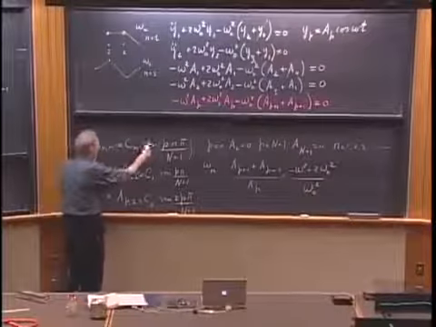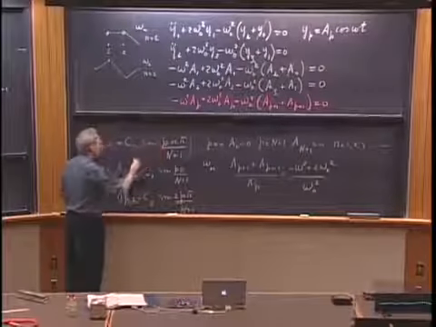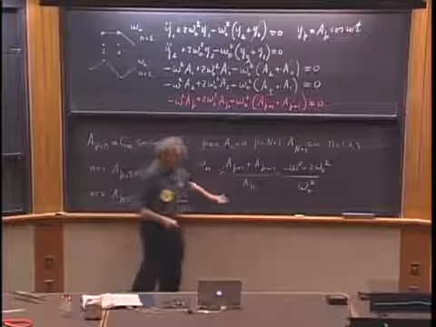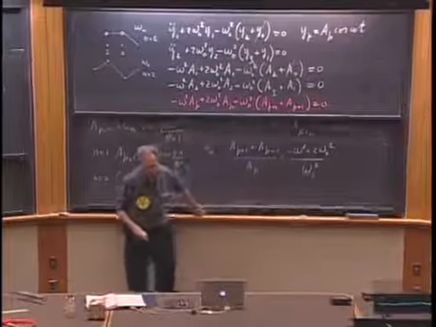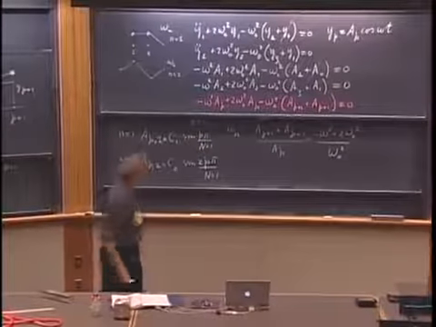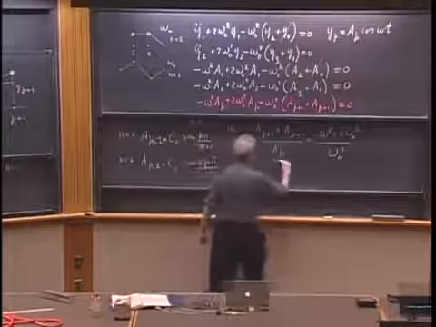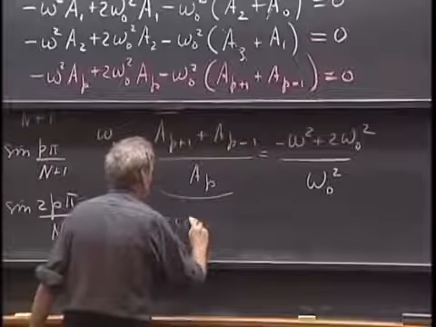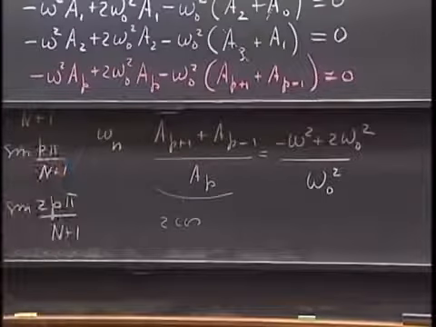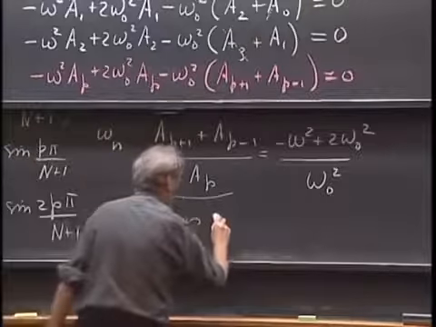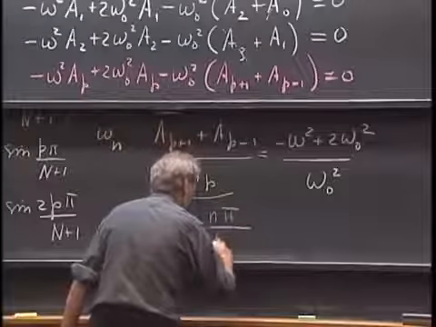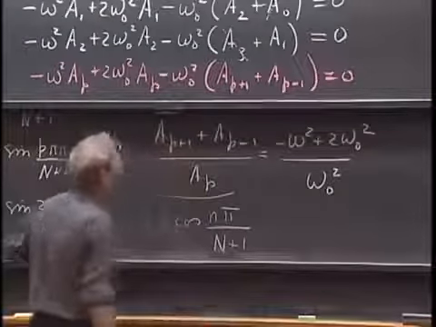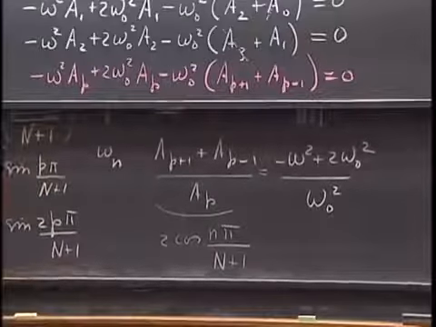And so you can now massage the trigonometry, and you can find that this ratio is very simple. It's twice the cosine. So this whole thing is twice the cosine of n pi over n plus 1. That is correct. So there's no physics there. It's purely a matter of trigonometry.